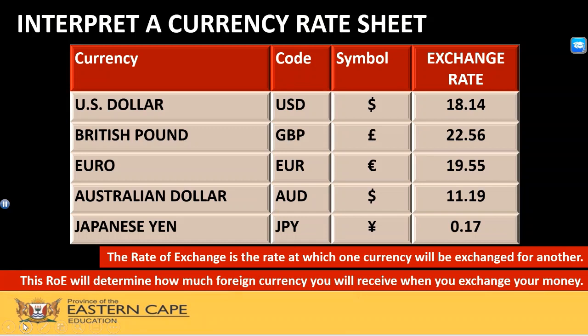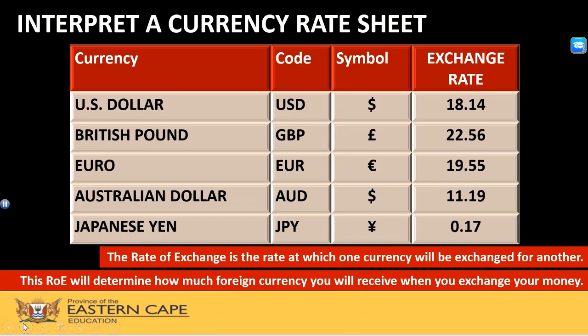And then the extreme right-hand column gives you the exchange rate. Now, take a look underneath the table. You will see the statement there. The rate of exchange is the rate at which one currency will be exchanged for another. This rate of exchange will determine how much foreign currency you will receive when you exchange your money.